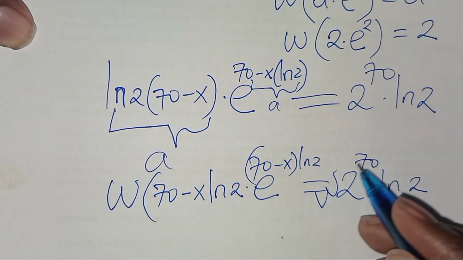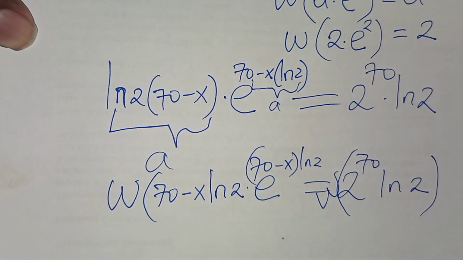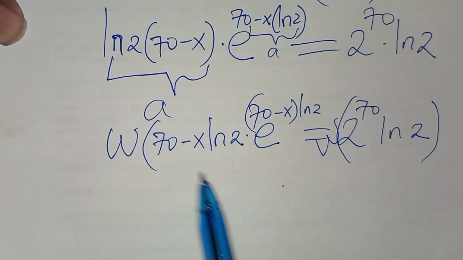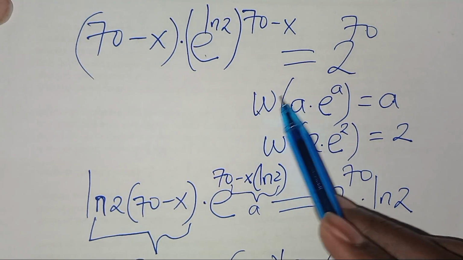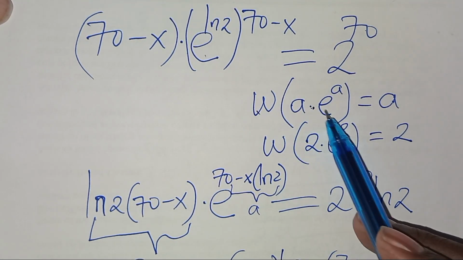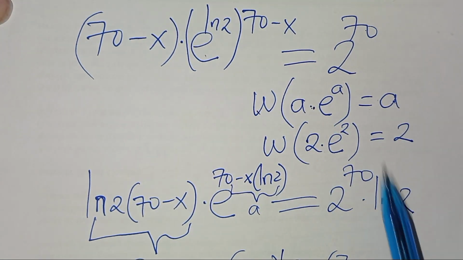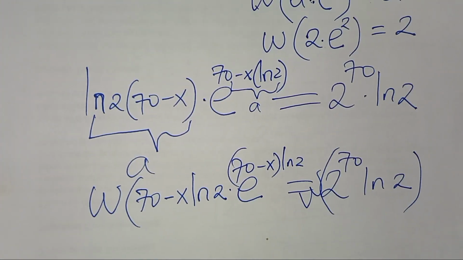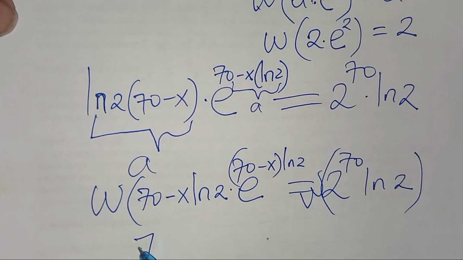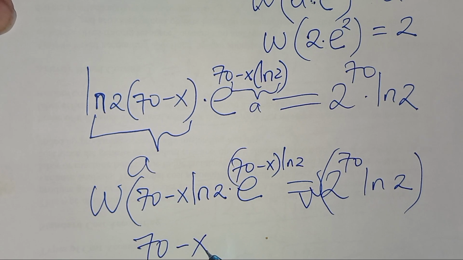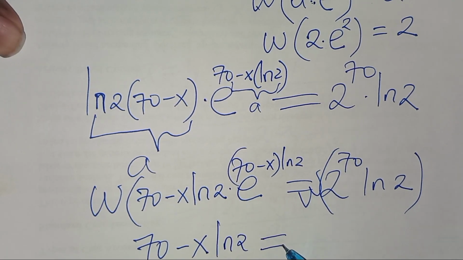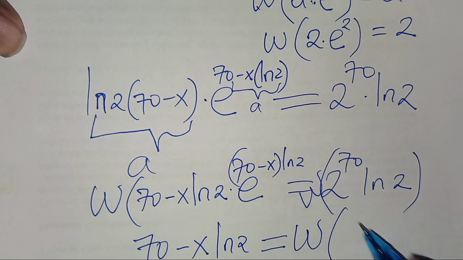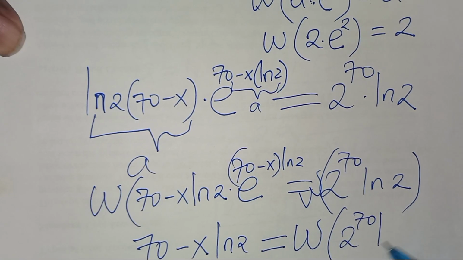So we introduce the Lambert W function on both sides. Applying the property that W of a multiplied by e to the power of a is the same thing as a, we'll have 70 subtract x ln of 2 equal to the W function of 2 to the power of 70 ln of 2.